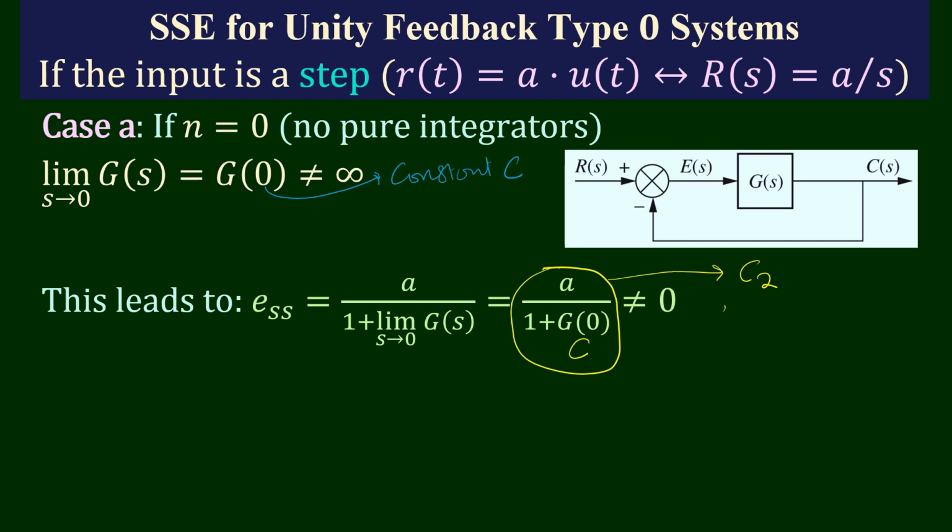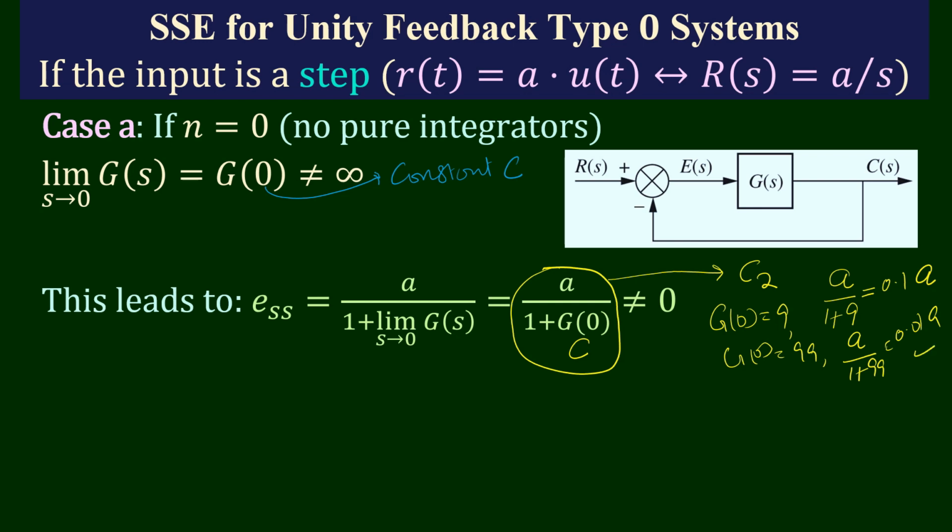Suppose g0 is equal to 9, then the steady state error will be A divided by 1 plus 9, which will be equal to 0.1A. And if g0 is equal to 99, then it will be A divided by 1 plus 99, which is 0.01A, and so on.